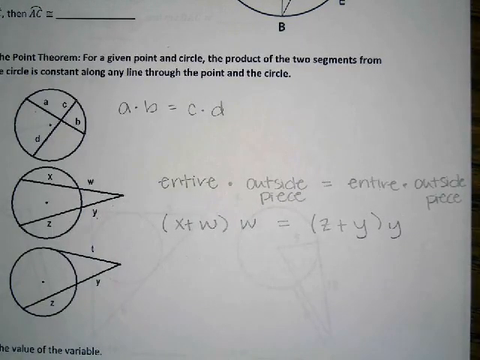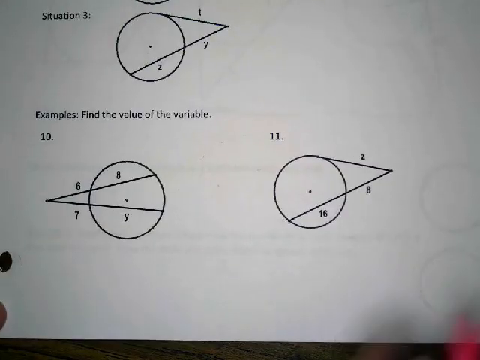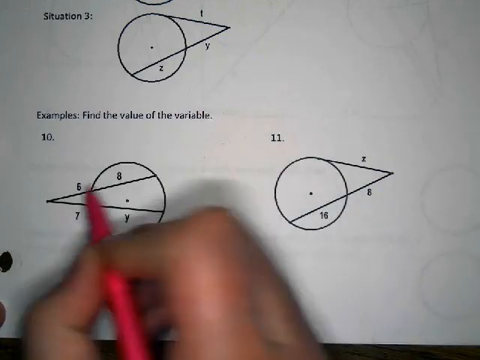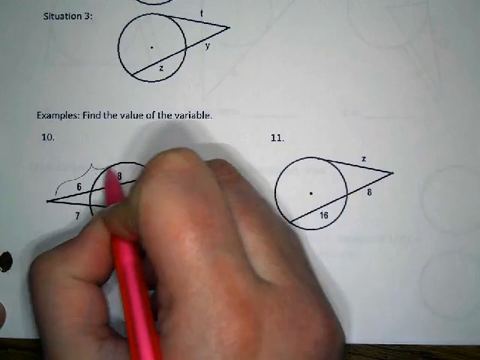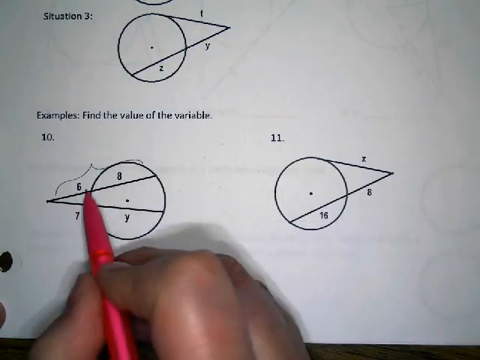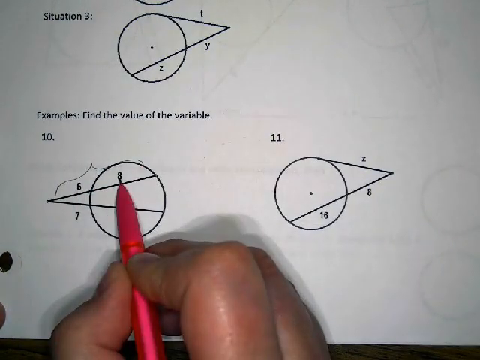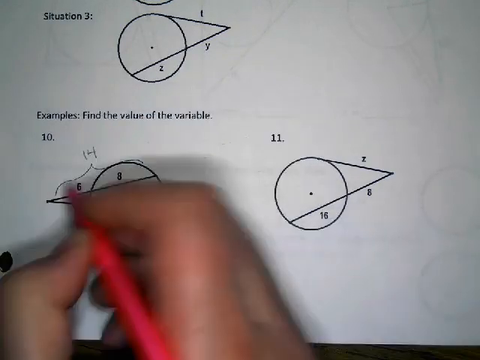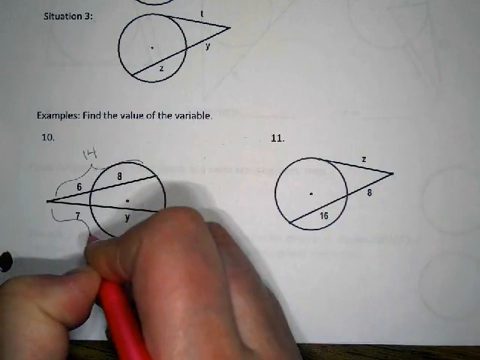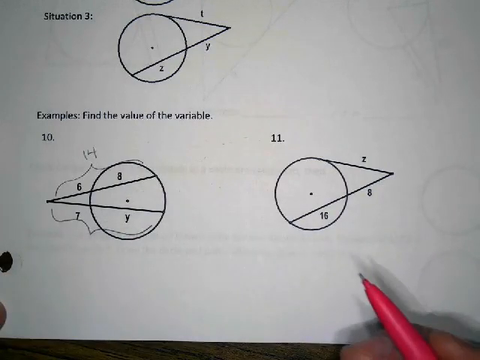So if we look at number 10, we're going to write down what the entire length is. What is 6 plus 8? 14. So the entire length is 14. Okay, what is 7 plus y? 7 plus y. There's no other way to add those together since they're not like terms.